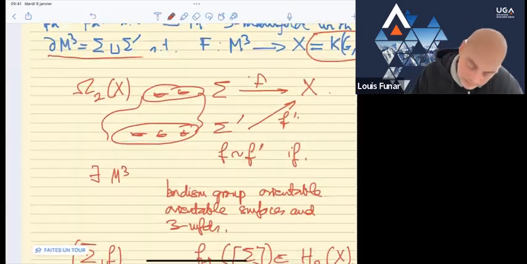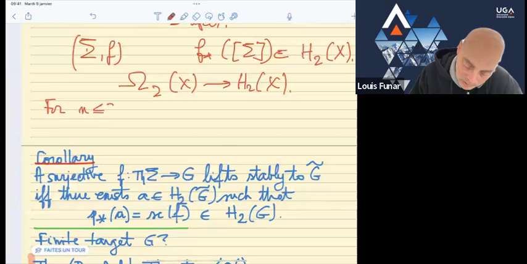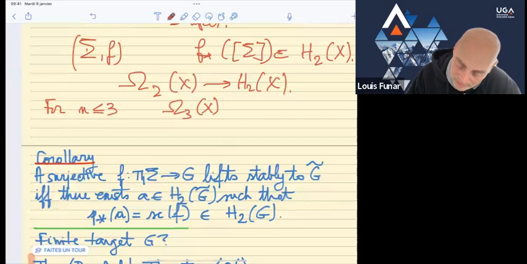What is completely non-trivial and in general not true is that, for n smaller or equal to 3, the map from omega n of X into Hn of X is an isomorphism.